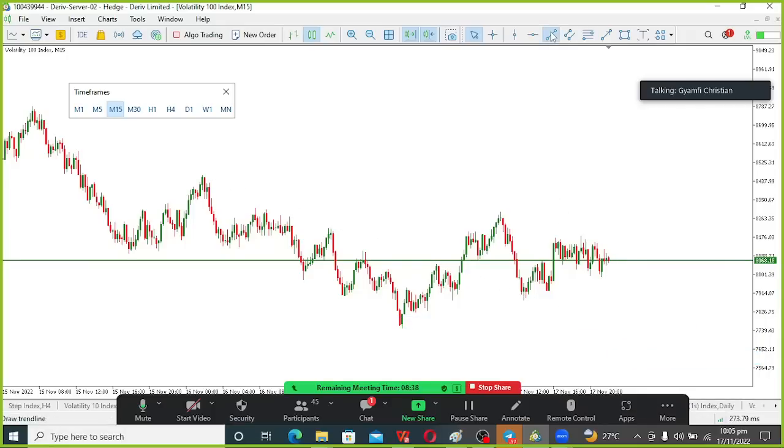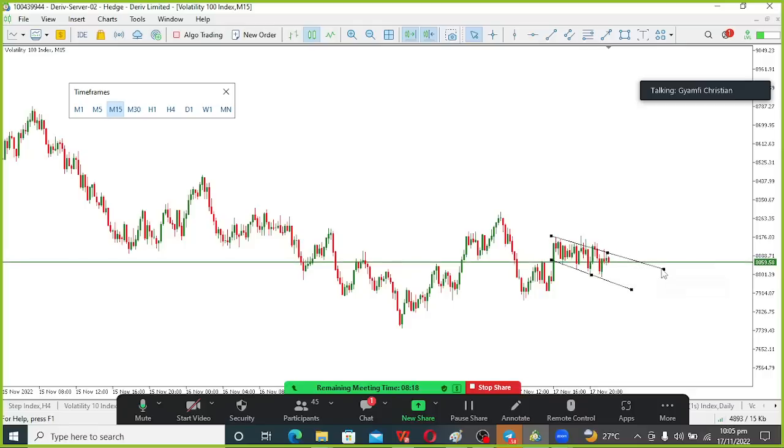Somebody would also say, okay, let me just focus on this and then scalp. So somebody can also draw this. If you draw this, you are not wrong. You are never wrong. But because we have a lot of risks here, they are the same or almost the same. So if you are using trend lines for something like this, it's a bit difficult.